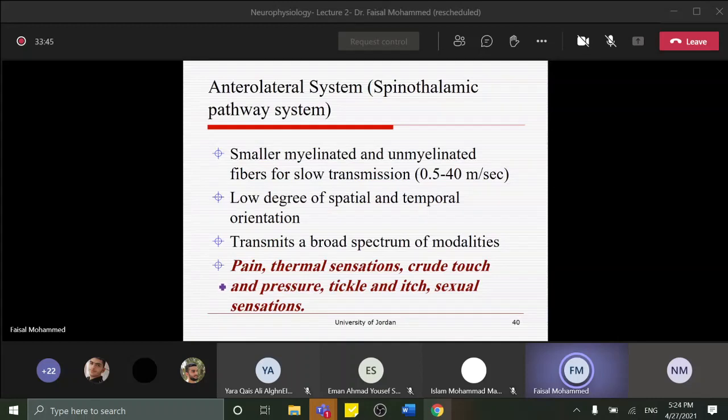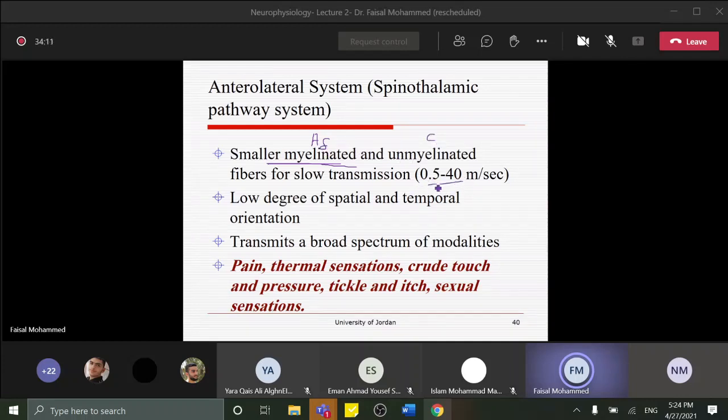The other system, we talked about the first system. The other system is the anterior lateral system. Unlike the dorsal column system, it consists of smaller myelinated A delta fibers and C fibers, unmyelinated fibers.